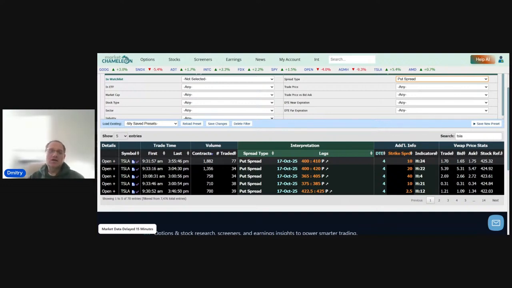We're going to look at different ways to go deeper to analyze some of these spreads to get insights based on valuation, based on historical success rates of this similar type of spread.